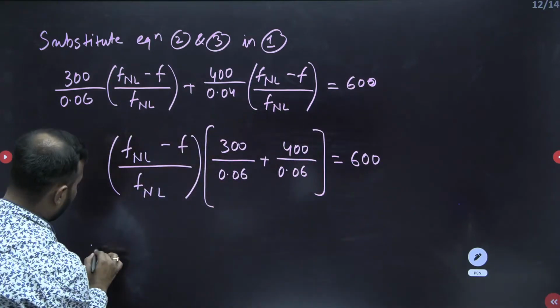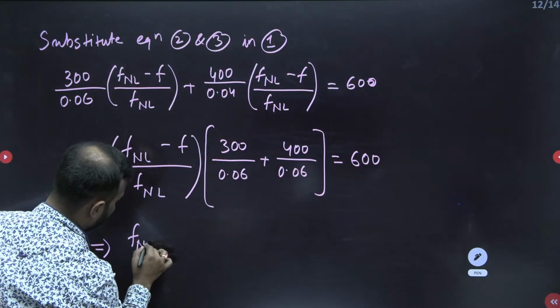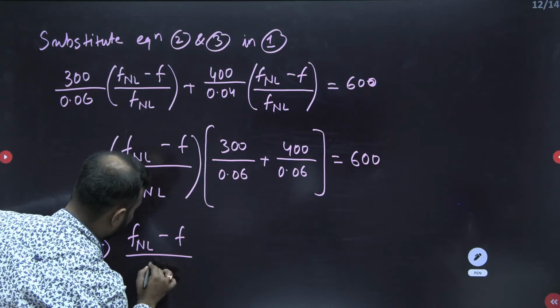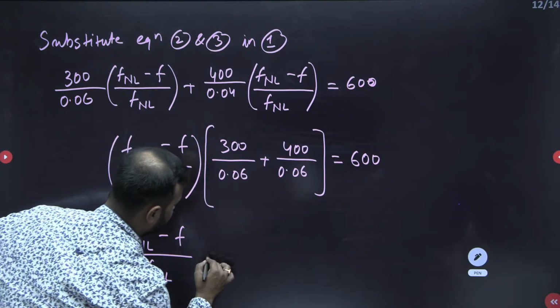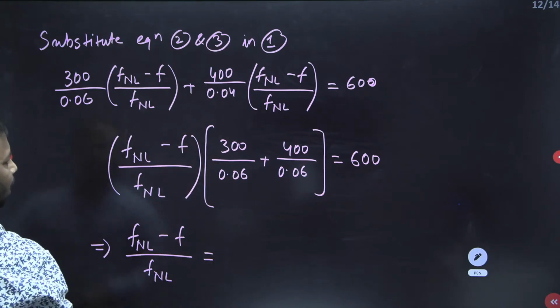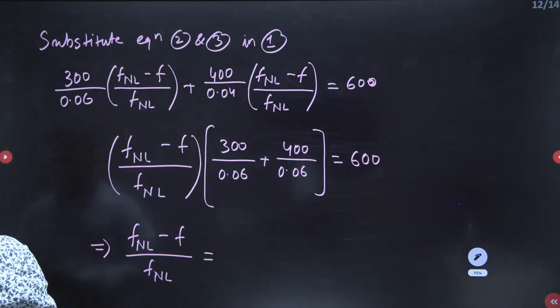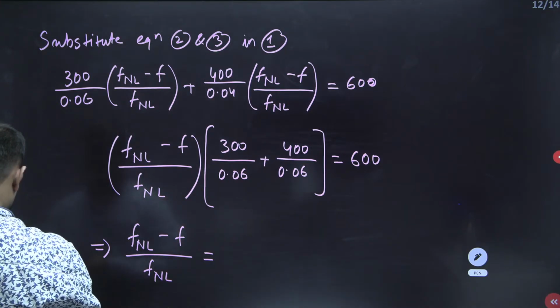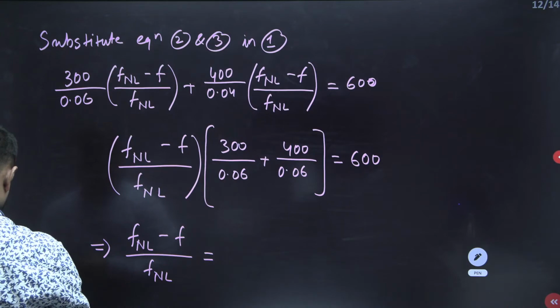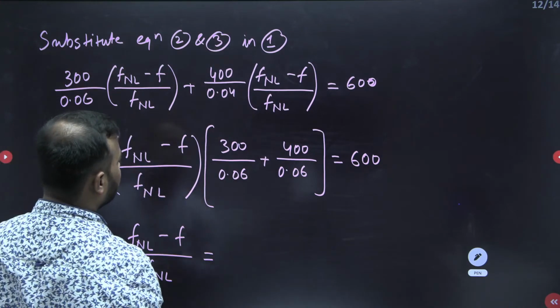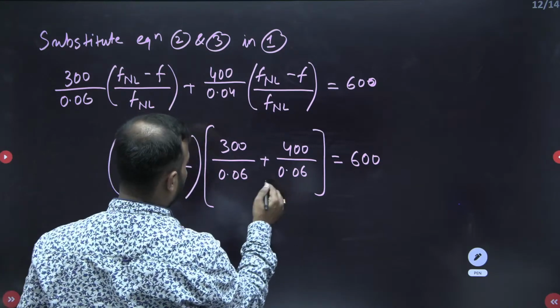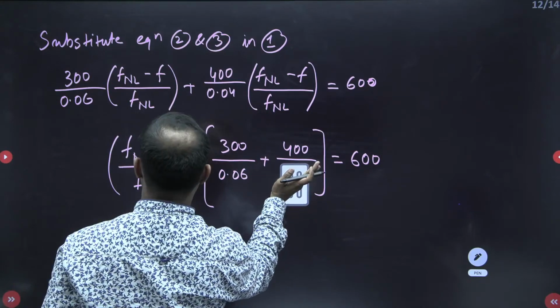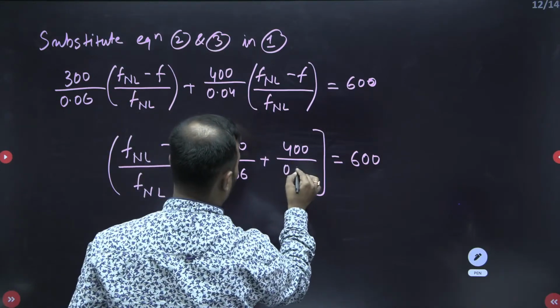So this implies (F no load minus F) divided by F no load is equal to... quickly tell me what value is coming. Okay, let me calculate. Sorry, this is 0.04 somewhere, yes, 0.04.